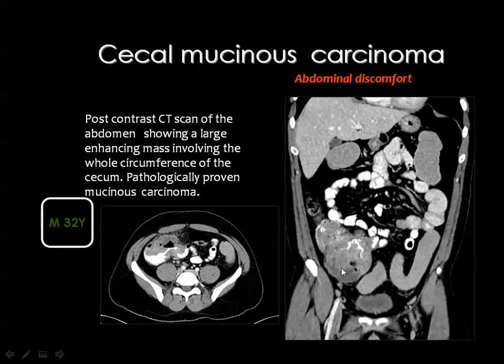Some of the books say that carcinoma is usually responsible for fat stranding of the area around the affected segment of the colon more than inflammatory conditions, but I didn't see that in clinical practice. I usually feel that inflammation is more responsible for fat stranding than carcinomas.